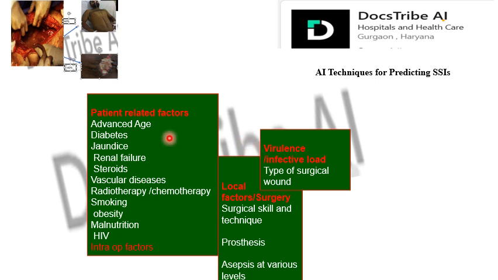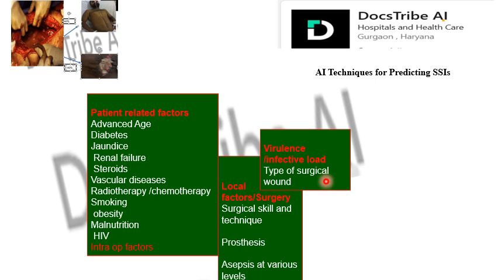Now what happens? As I told you, these are the factors that AI will try to get, and these factors will be very much available in your medical records, provided it is available for your AI to peek in. You would have written the type of surgical wound.